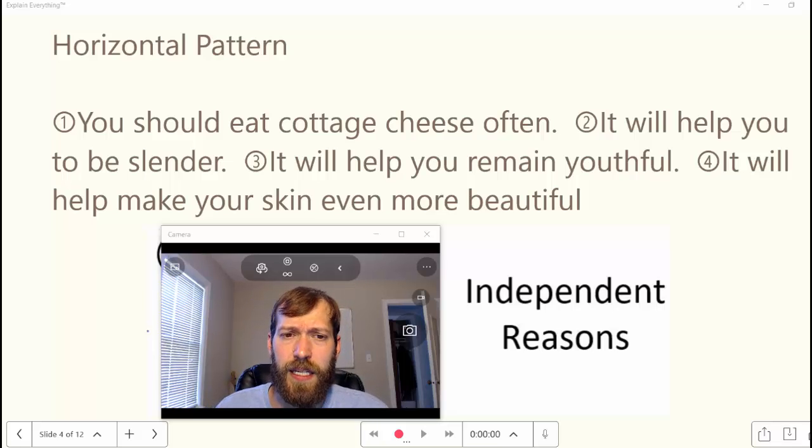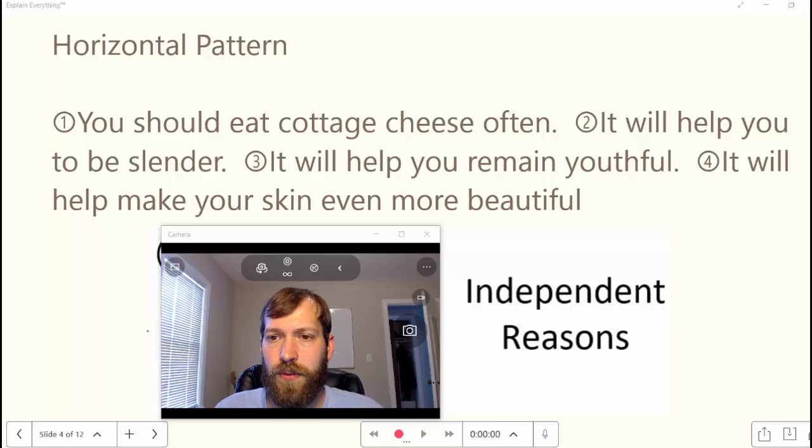And notice that even if we took 3 and 4 away, if somebody just said you should eat cottage cheese often, it'll help you be slender, and let's assume for the moment, and maybe it's a faulty assumption, that being slender is a good thing, then that all by itself would suggest that you should eat cottage cheese is true. That is, it would be evidence all on its own. Whether it be enough evidence, that's a different story, but it would be evidence all by itself.